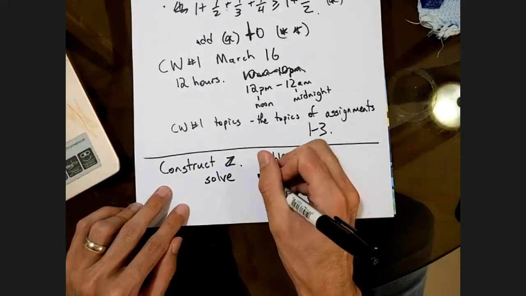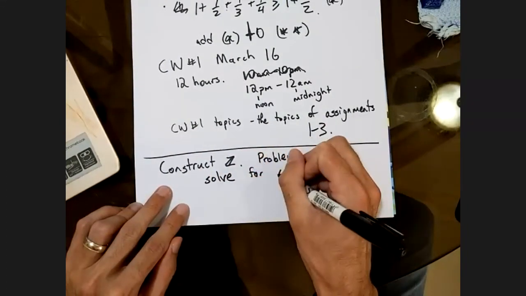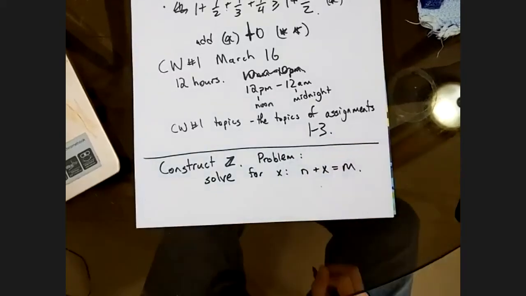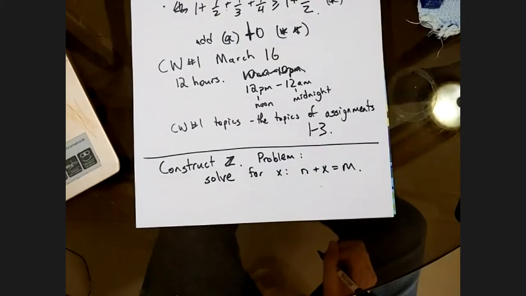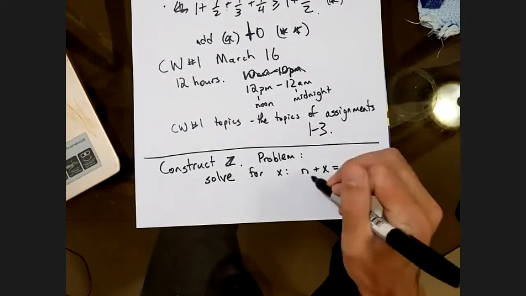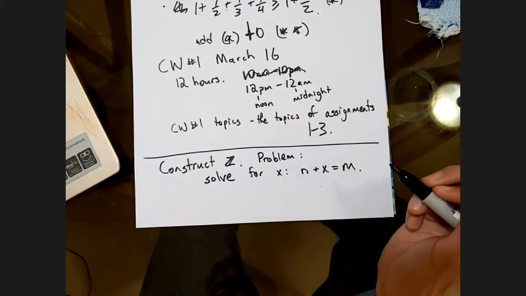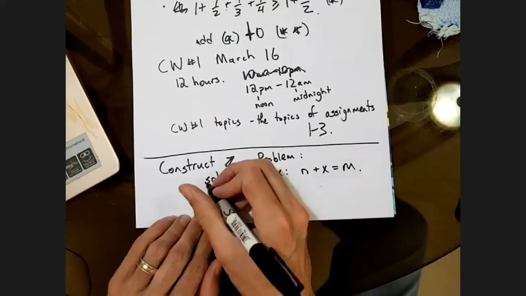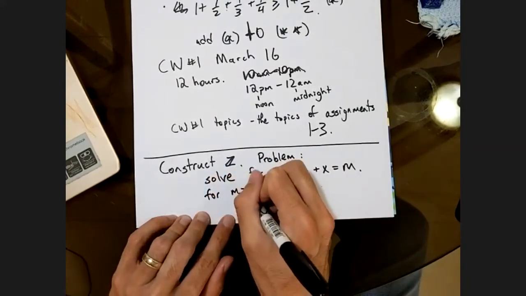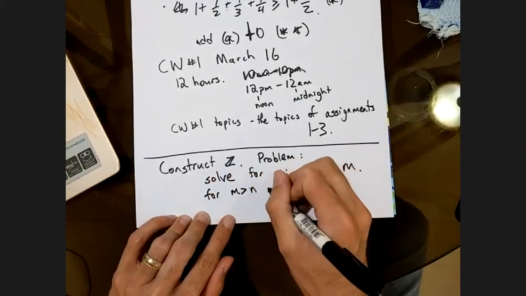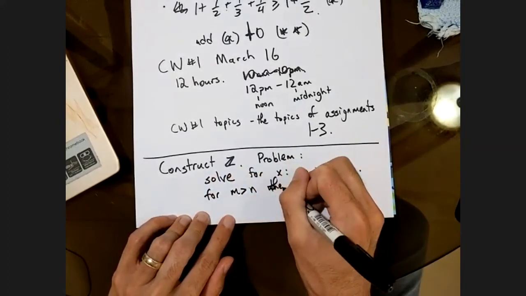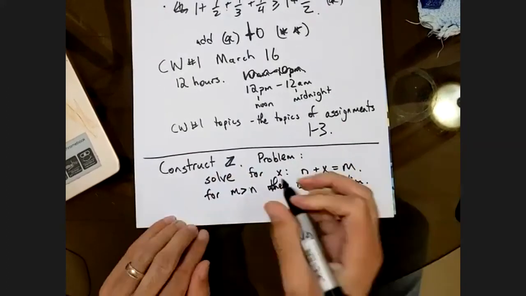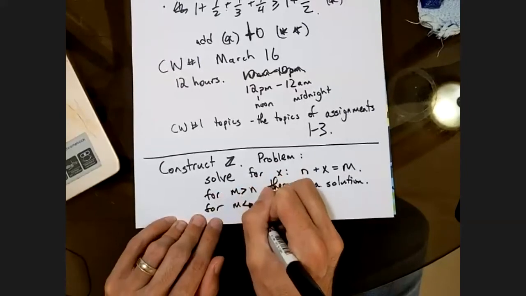We want to solve for x, n plus x equals m. When m is bigger than n, we can solve this. I might put that as a question on assignment 4. For m bigger than n, there is a solution. For m less than n, there's no solution.